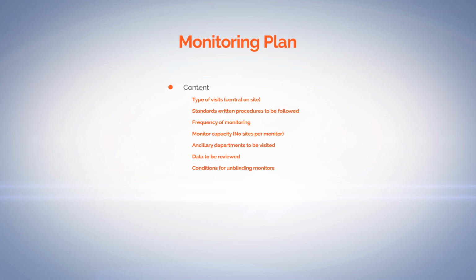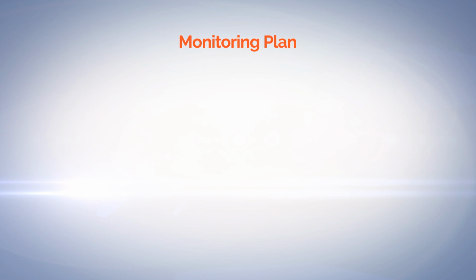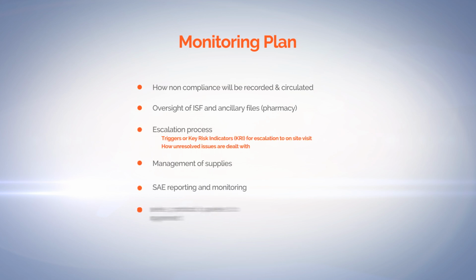We need to know what the conditions for unblinding are, and what the expectations are for the availability of the principal investigator during visits. This is often a problem in clinical trials, where what I call the absentee PI. We have to ensure now, if we are adopting a risk-based approach, that we do get to see the PI when we attend an on-site visit.